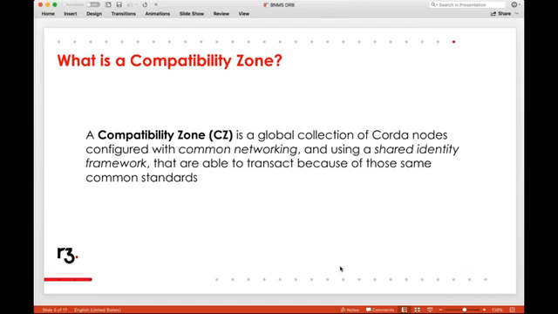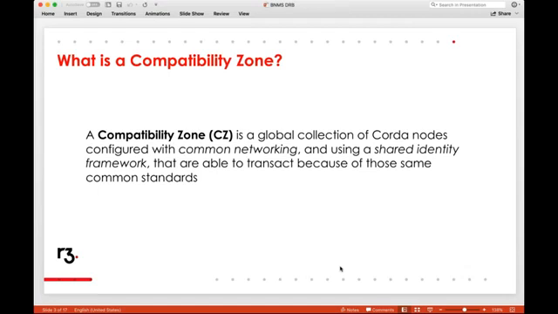This is an example of one of the parameters which can be set at the compatibility zone, for example, a minimum platform version. Another example would be the identity. For the nodes to be able to talk to each other and to trust each other, they have to share the same identity root, which is, as you know, the service called Doorman, which issues the node certificate in Corda.